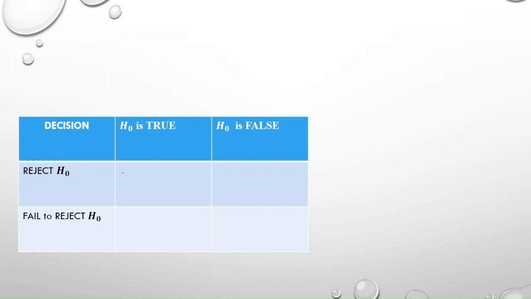So in this table, if we are rejecting the H0 and H0 is true, then obviously there is an error and it is known as type 1 error. If it's false and we are rejecting it, then our decision is correct, so there is no error.